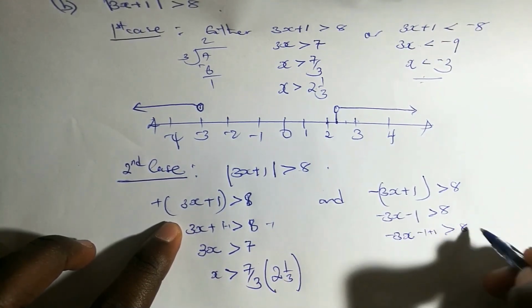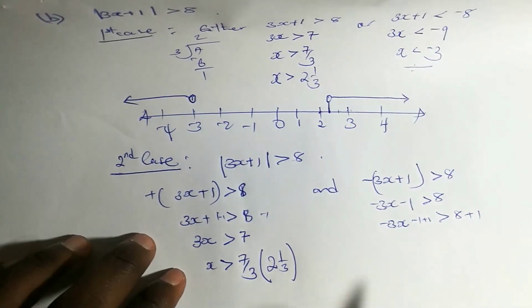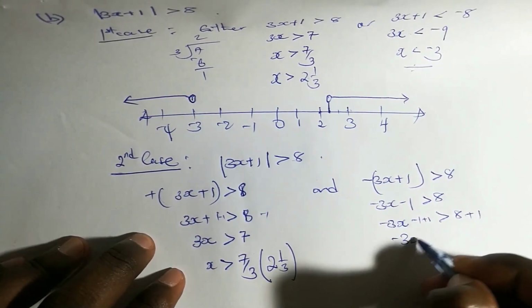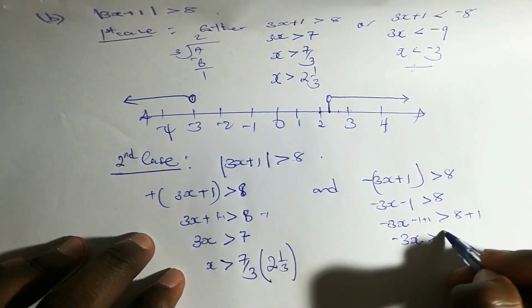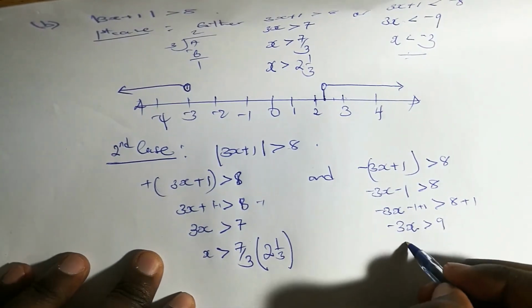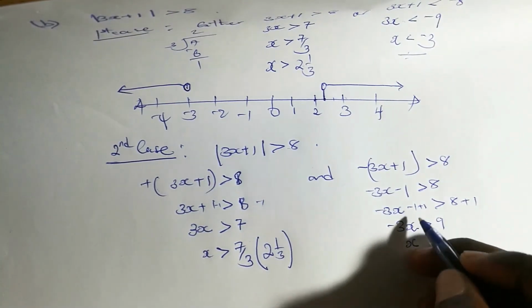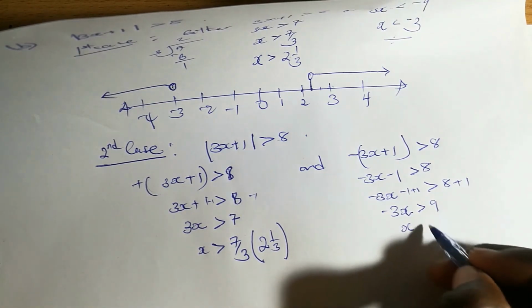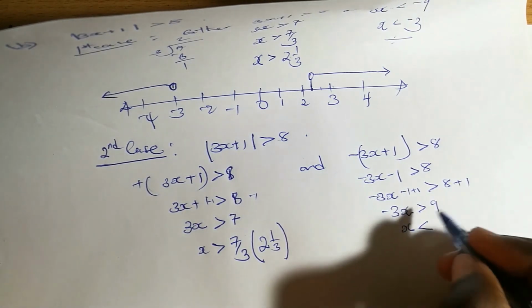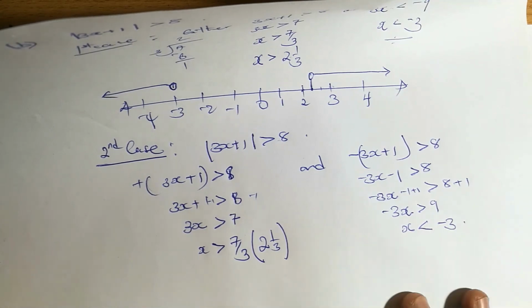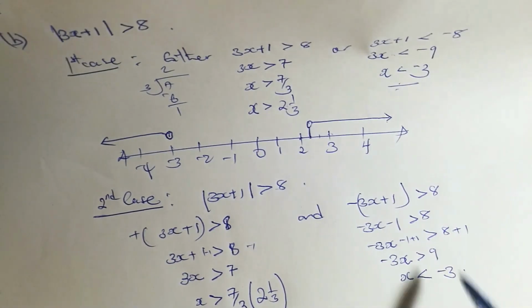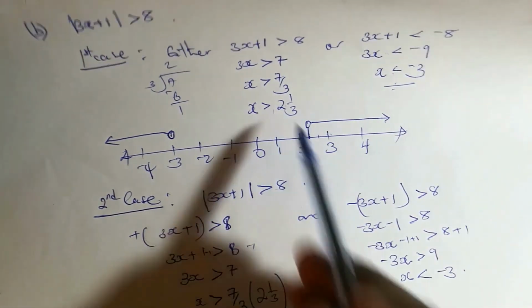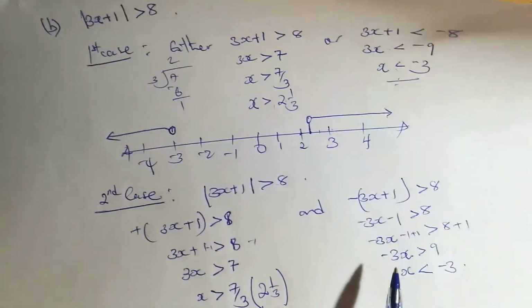Then we also do the same on the other side, so that we don't cause any change to the inequality. We have the negative 3x being greater than 9, so that we remain with x. After dividing throughout by negative 3, we're going to change our sign because of dividing throughout by a negative, so that we have here negative 3. Then we see that that's the same thing we had there, so that we come out with the same thing.